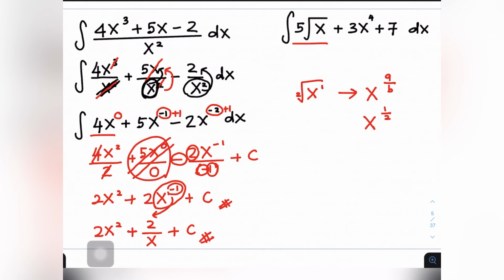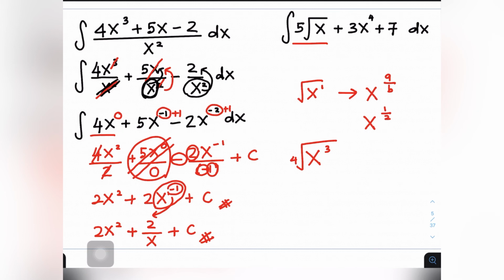For example, if you have x to the power of 3, square root 4. If you cannot see any number here, any number outside the square root means it's square root 2. The least square root value is 2.